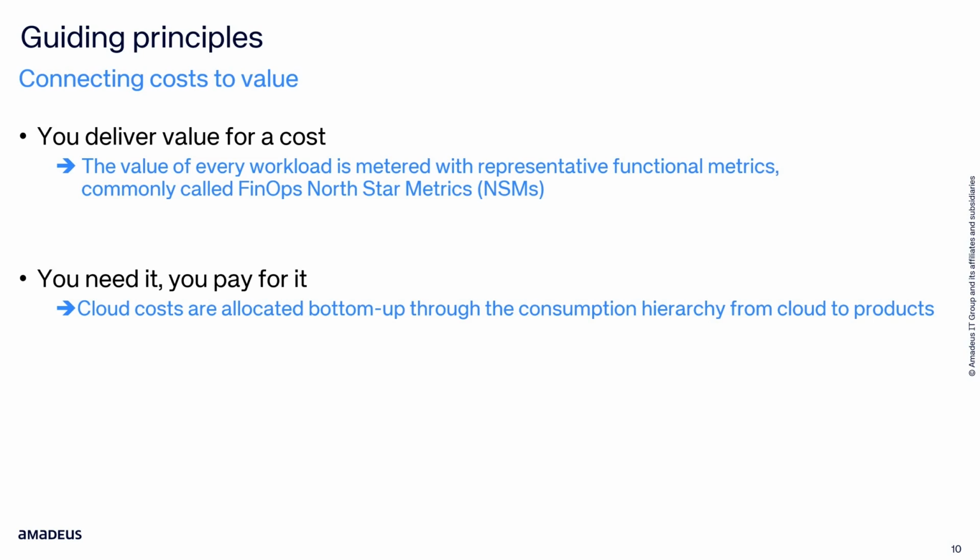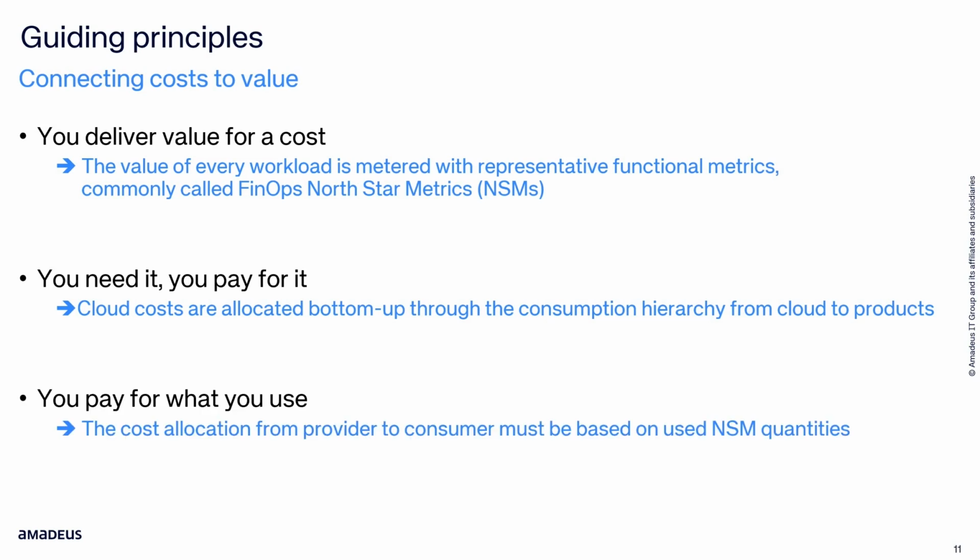Likewise, a business application service has no own purpose, but serves commercial products. Thus, the cloud cost of business application services must be allocated to commercial products. This means that the costs are allocated in a bottom-up fashion through the consumption hierarchy from cloud to products, which achieves the connection from cloud cost to business value.